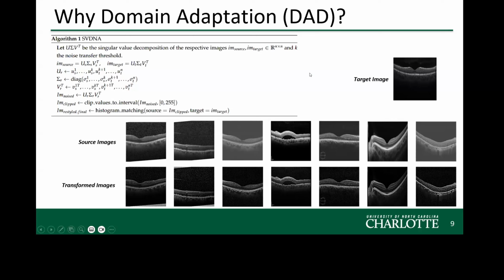We don't want to change them too much. There's a sweet spot where you want them to be different enough, but you don't want to mess with the model convergence. Domain adaptation helps with that. We also do it randomly: let's say we use dataset 1 as the target image, then we switch it up so that every time it's a little bit different and the model is not biased.